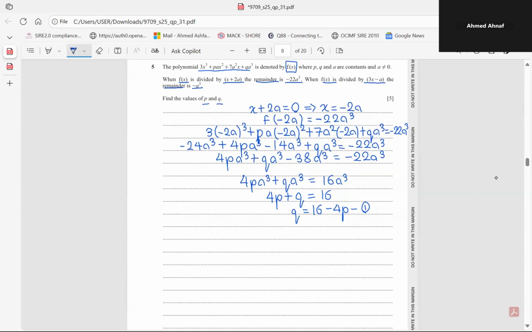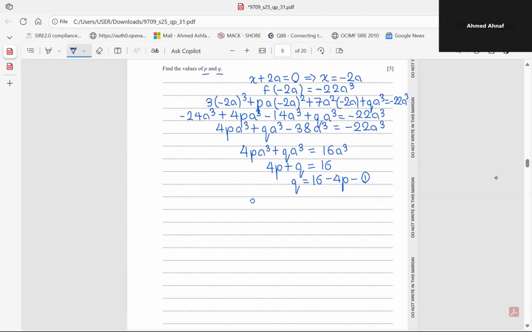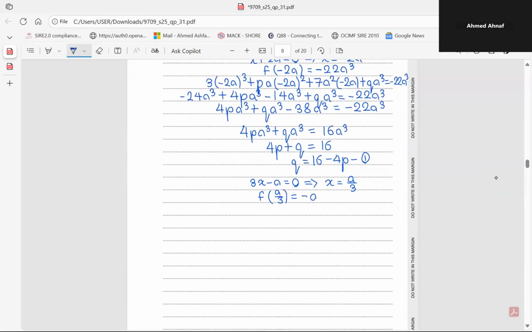Now let's obtain our second equation. For the second equation, we're going to use the second piece of info. So let's equate 3x minus a to 0 and solve for x. So x would be a over 3. We substitute a over 3, and we're supposed to get minus a cubed, which is the remainder.